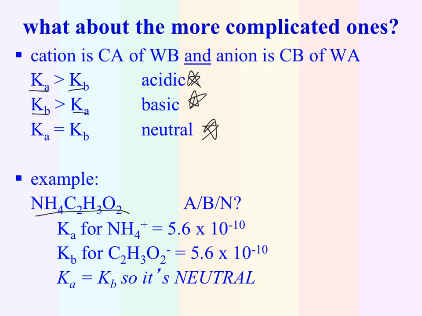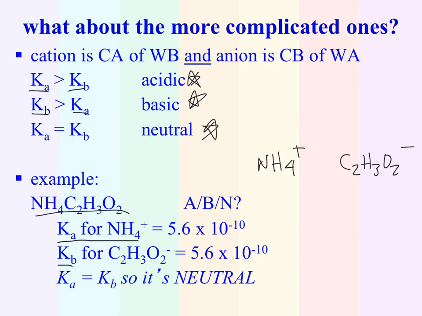An example of this: ammonium acetate, NH4. We just talked about ammonium being able to make the solution more acidic, and of course we talked about acetate being able to make the solution more basic. So which one's going to prevail? Well, I look up the Ka for NH4 plus, and that's going to be 5.6 times 10 to the negative 10th.